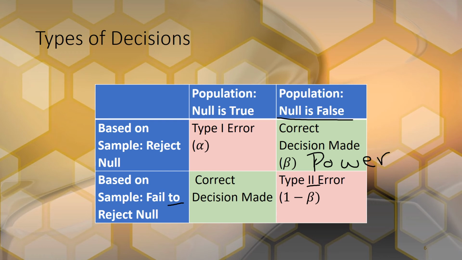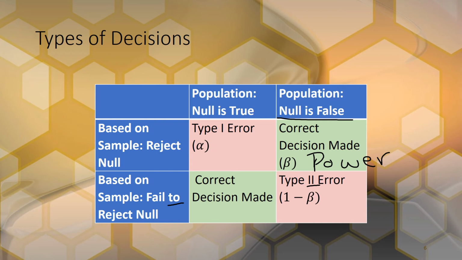And if you read the document, you can see what affects power: there's the sample size, the standard deviation, and how large of a difference there is from our null hypothesis to what reality is.